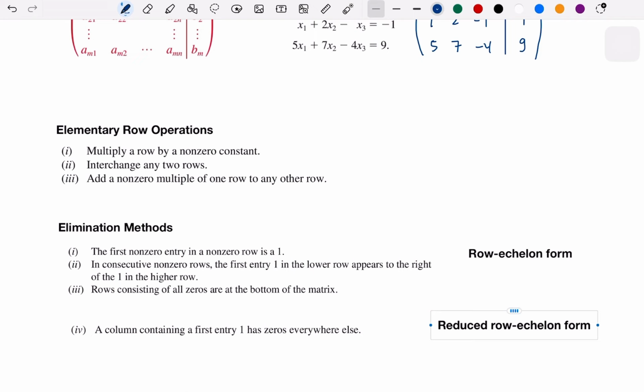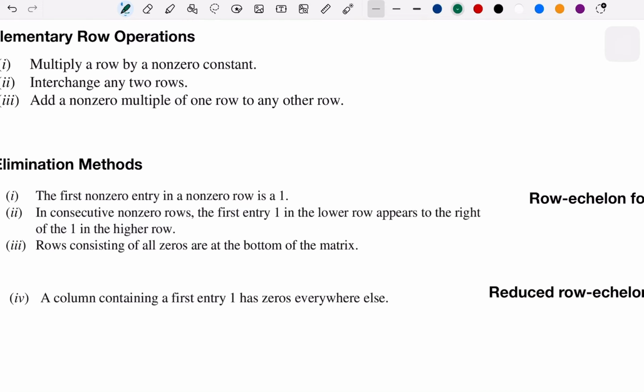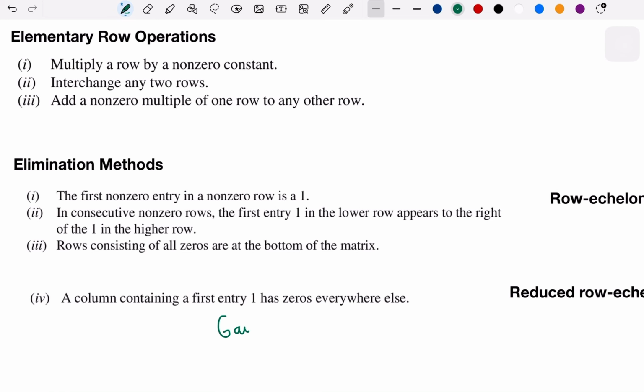We call that the Gaussian elimination or Gauss-Jordan. Okay, so if we have this, this is the Gauss-Jordan. And this will be the Gaussian elimination. These two are pretty similar. We are going to see the differences, I think, later on.